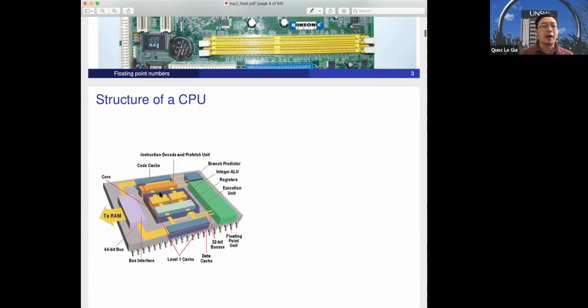They have some registers, and some units. ALU stands for arithmetic logic unit, and the registers store temporary results. But what we are focused on is the green blocks. The green blocks are the floating point units, where all the floating point calculation occurs.